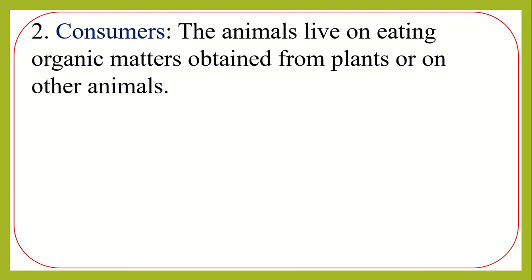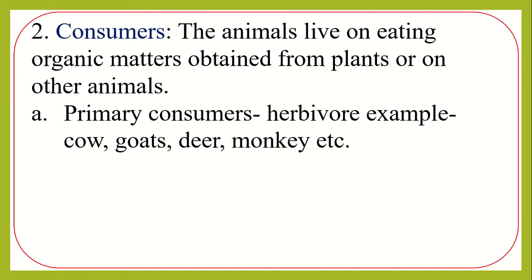Consumers: the animals that live on eating organic matter obtained from plants or other animals are called consumers. Consumers are divided into three. Number 1, primary consumer. Herbivore, example cow, goat, deer, monkey, etc. Primary consumer is called herbivore.